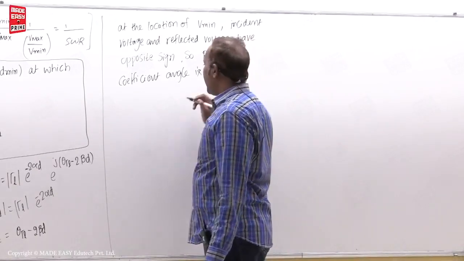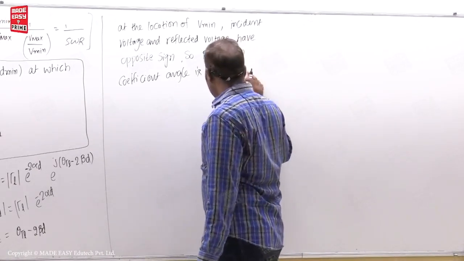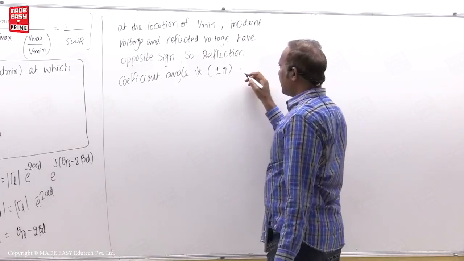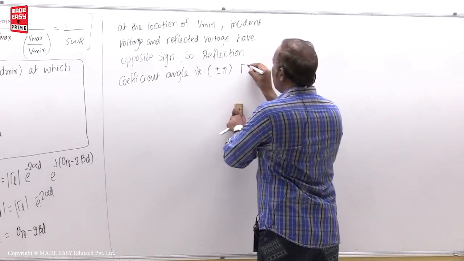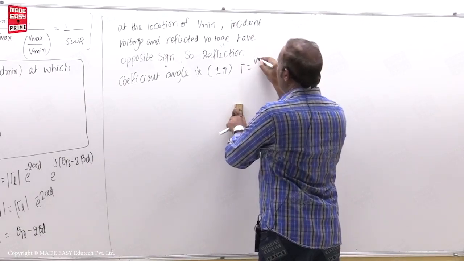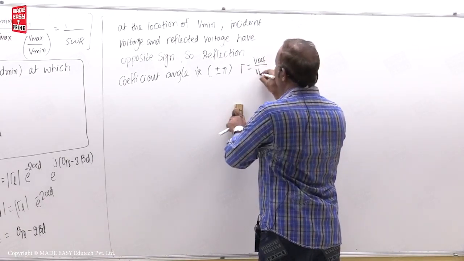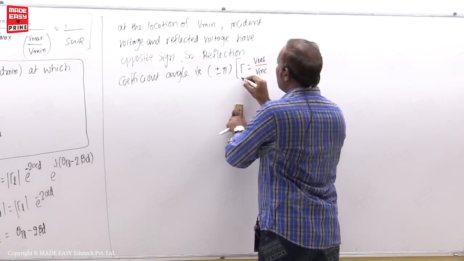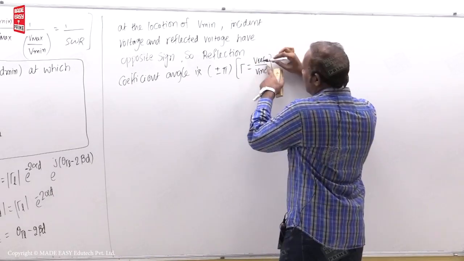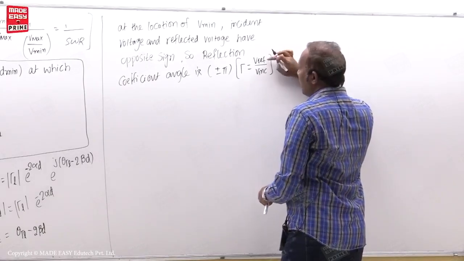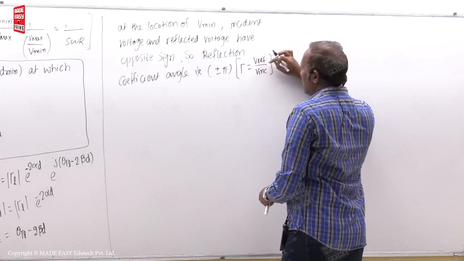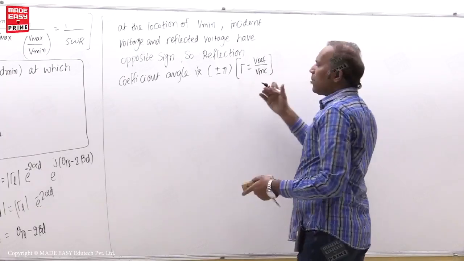Now here, if you have any doubt, reflection coefficient is nothing but reflected voltage divided by incident voltage. I told you if this one and this one have opposite sign, then opposite sign means the phase differs by 180 degrees.